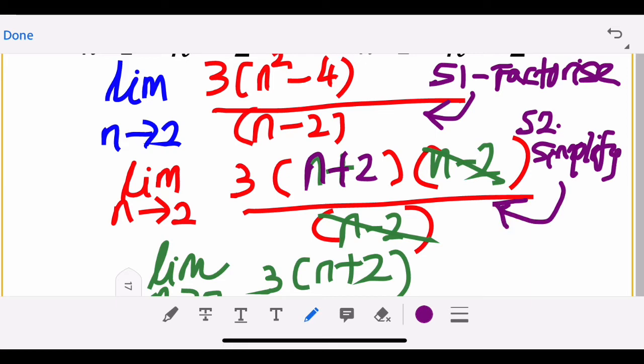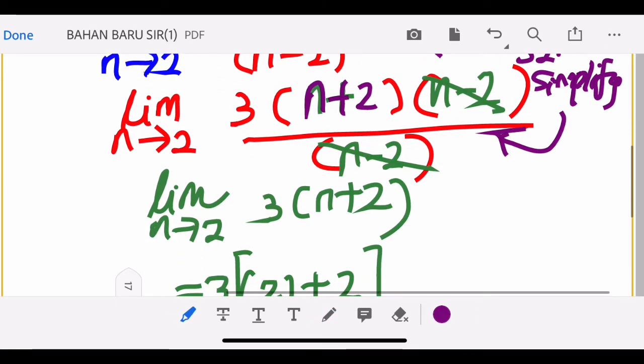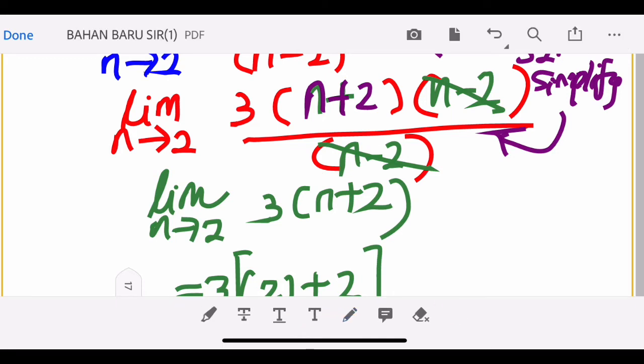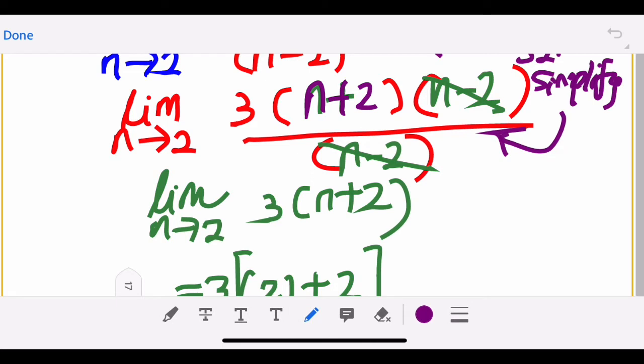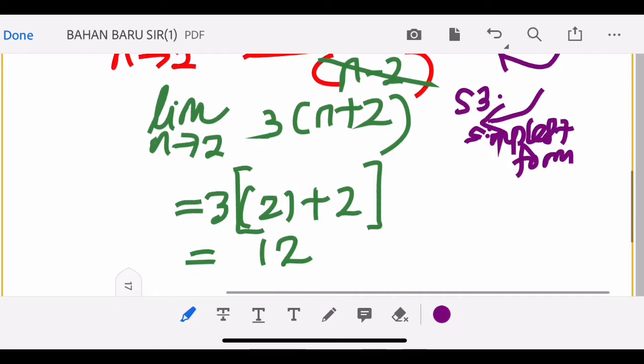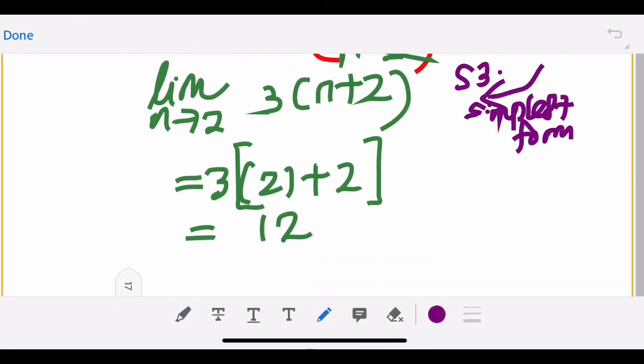So I make it short, I call it FSS: factorize, simplify, and substitute. Remember, when you do limit, always do the step FSS: factorize, simplify, and substitute. Alright, when substitute, please do not write the limit again.